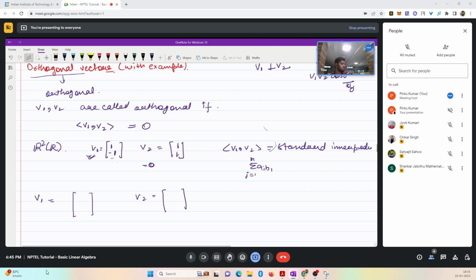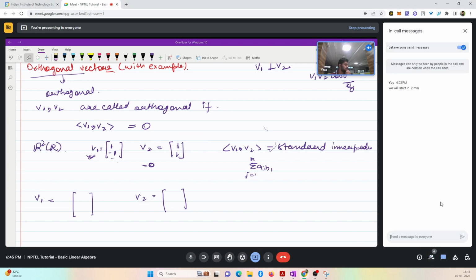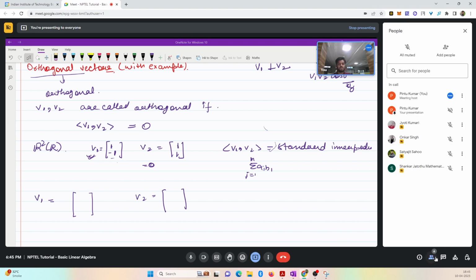You can type in the chat box, or you can unmute yourself also. Any two vectors that you can recall which you think their dot product would be 0.